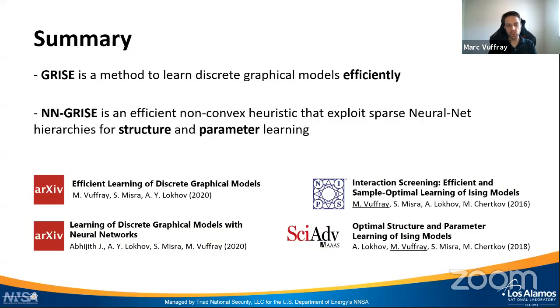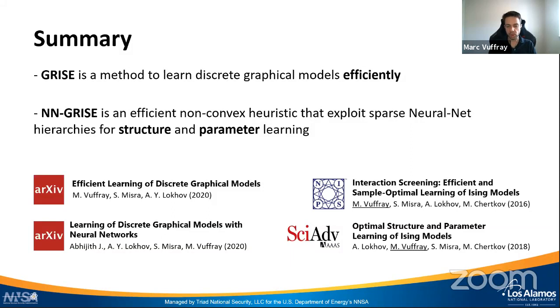So in summary, what I showed is one method to learn a discrete graphical model efficiently, this GRISE method. And you can adapt this method with other types of hierarchies if you want. Here, what we tried empirically is to implement neural net hierarchies to bypass this problem of complexity of computation when the clique size is large.